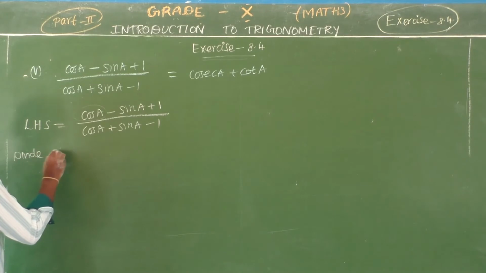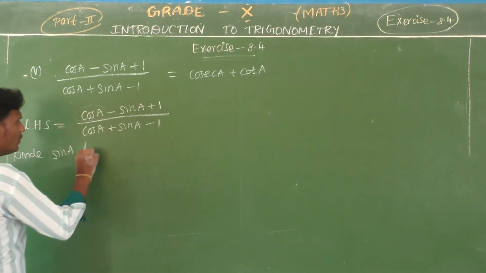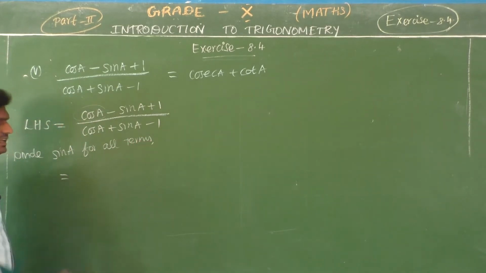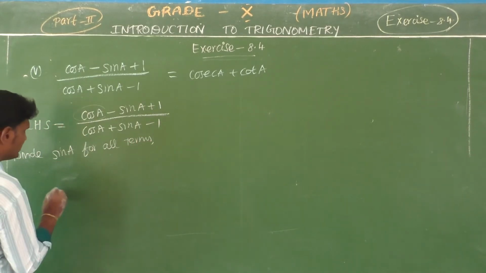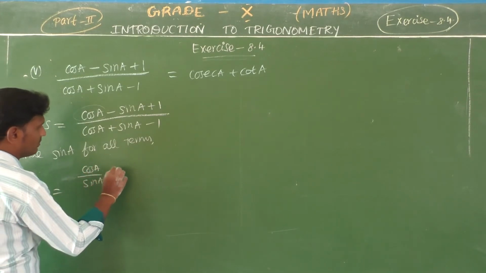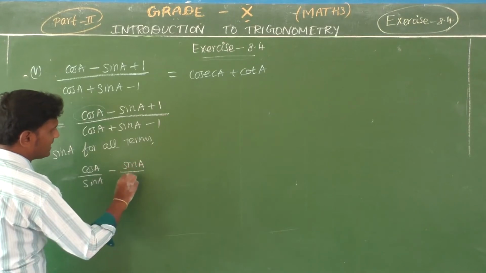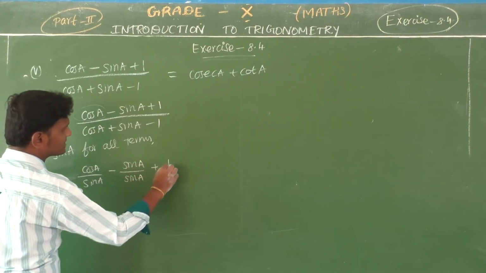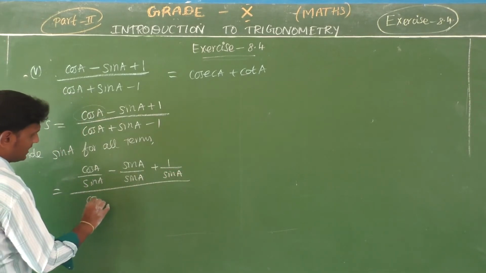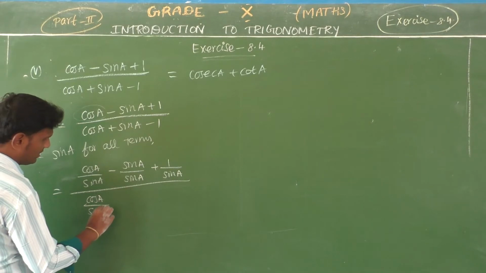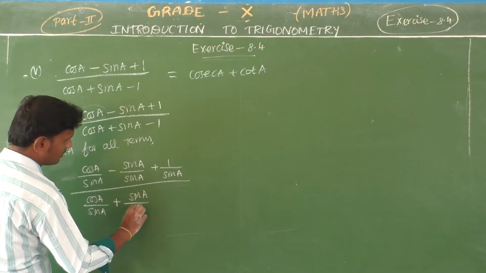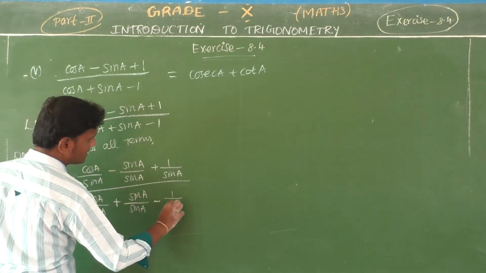Now divide sin A for all terms of numerator as well as denominator, which is equal to cos A by sin A minus sin A by sin A plus 1 by sin A, the whole divided by cos A by sin A plus sin A by sin A minus 1 by sin A.